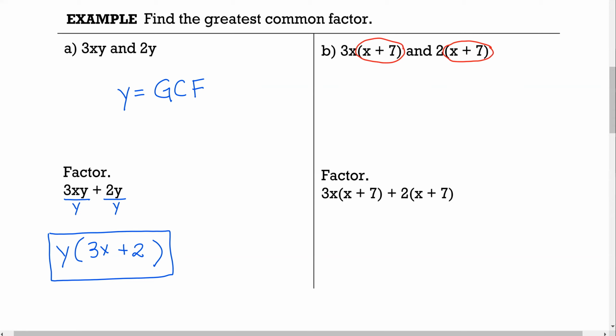So there's our GCF. Our GCF is actually a binomial, x plus 7. I'm going to put it in parentheses just for emphasis, but it's actually not necessary if you're just writing the GCF. Okay, so if I factor this, instead of factoring out a y like I did in the first example, this time I'm factoring out the x plus 7.